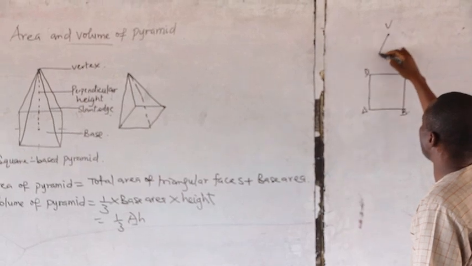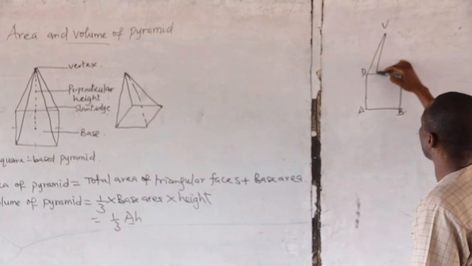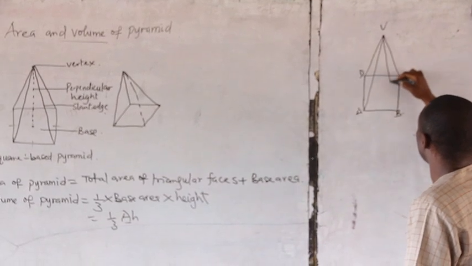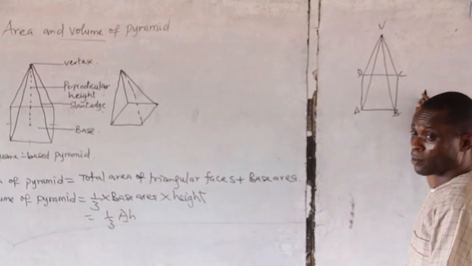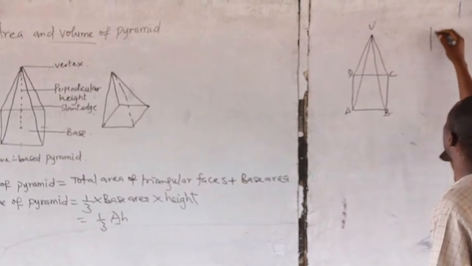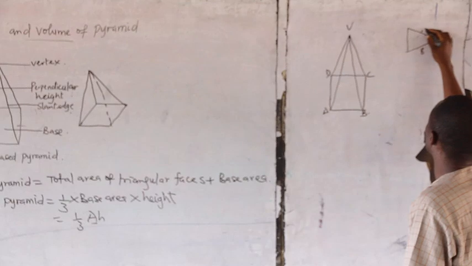Let me have a complete pyramid first, of side 8 meters. So if you have an equilateral triangle, this is 8, 8, 8.